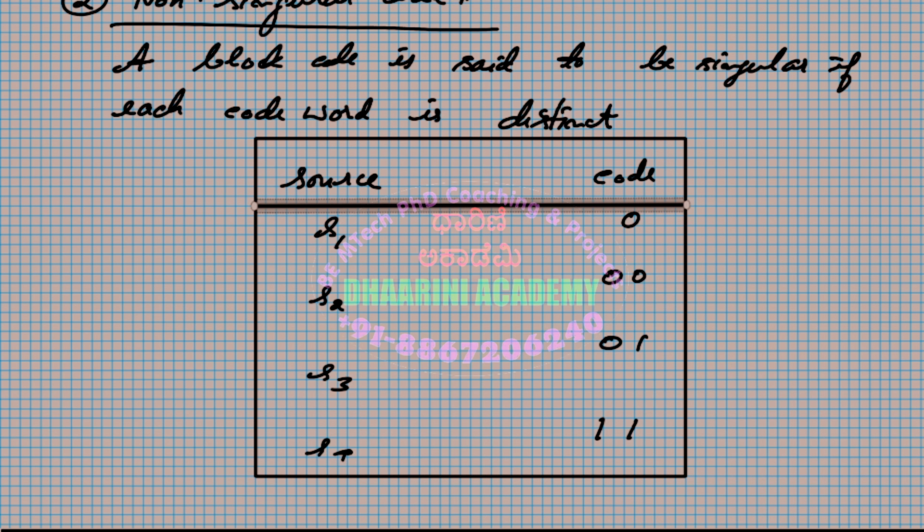All right, let's move further. The third type of the code is the uniquely decodable code. Let's try to define this third case.